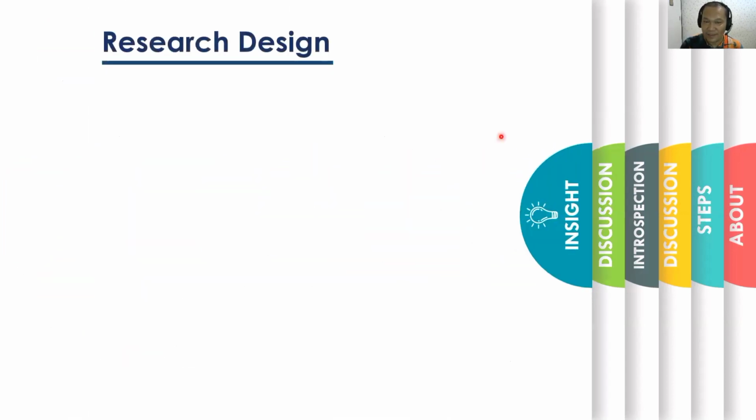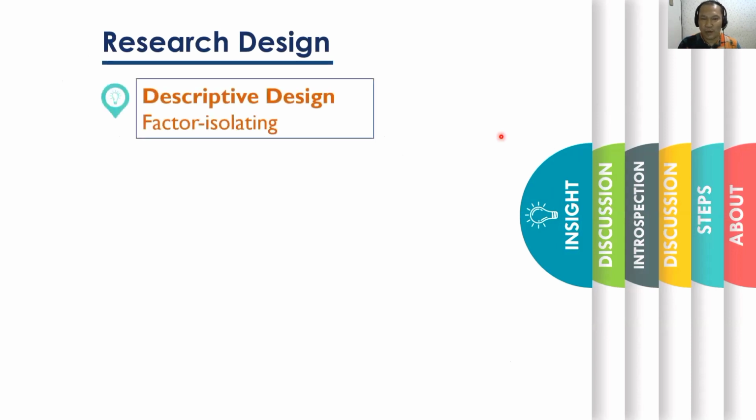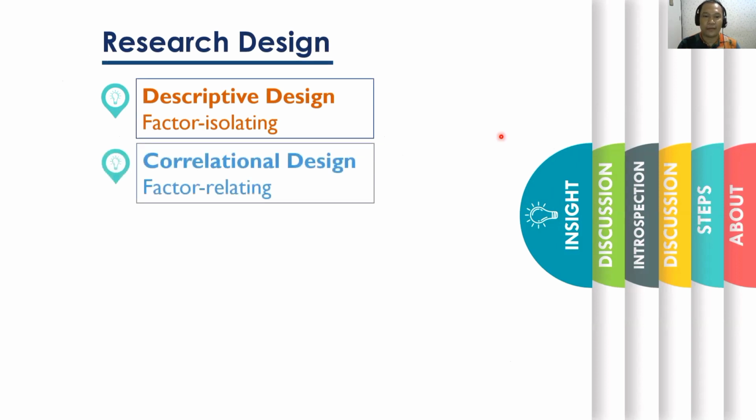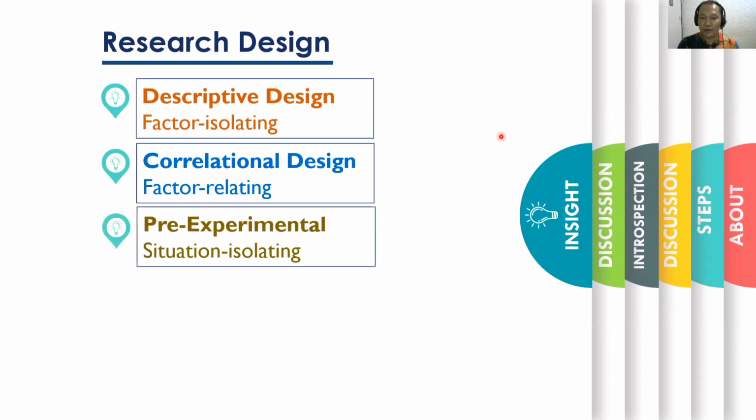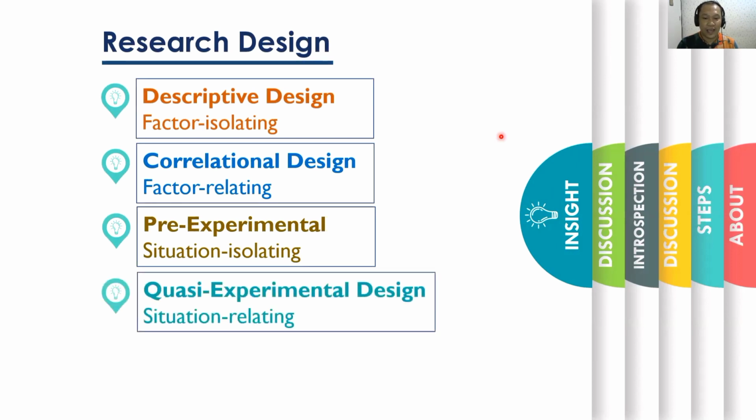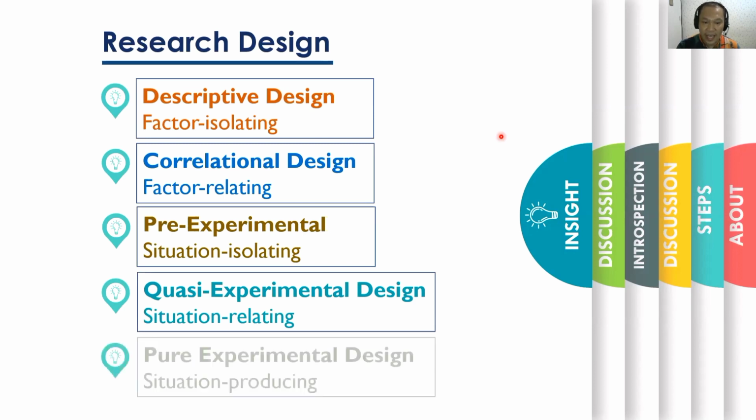Okay? Now remember, when we talk about the research designs under quantitative research, we do have descriptive design focusing on factor isolating, correlational design, which is factor relating, pre-experimental, also known as situation isolating, quasi-experimental design, also known as situation relating, and pure experimental design, also known as situation producing.